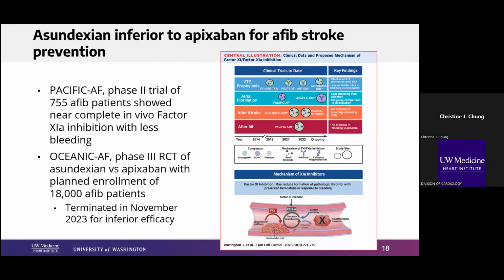And so this led to a really large planned phase 3 randomized controlled trial. However, just a few months ago, it was terminated early because the asundexian group was having more strokes and systemic embolism. So as of right now, we don't yet have any medical therapies that are looking promising to be a substitute for the DOACs.